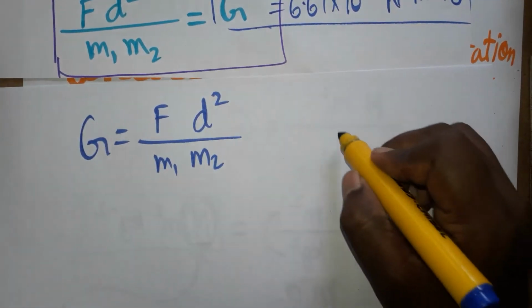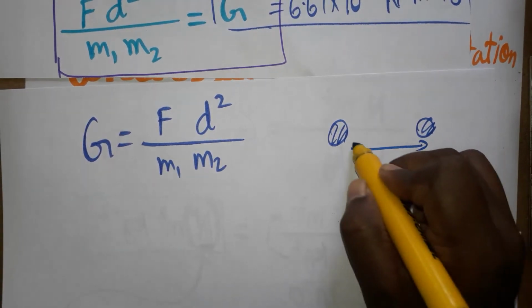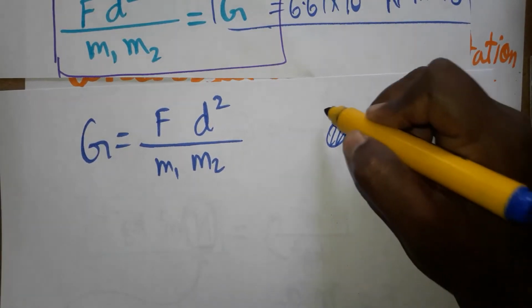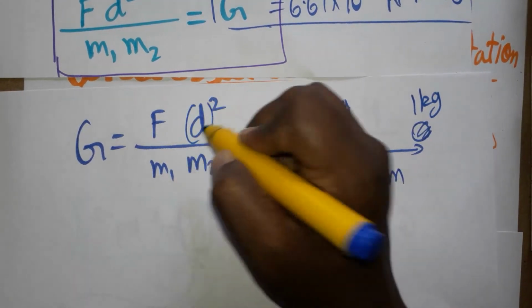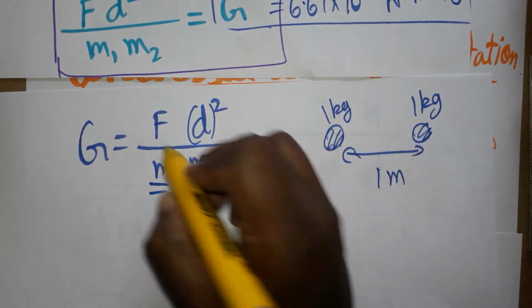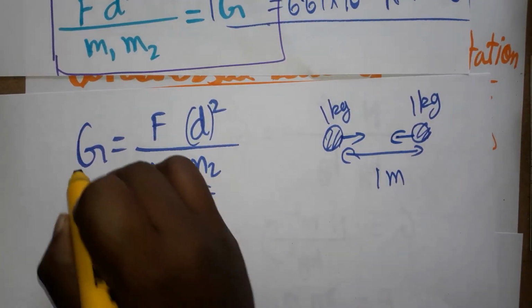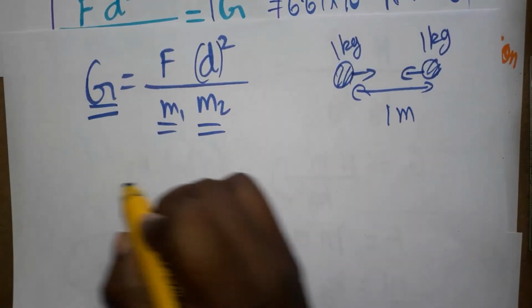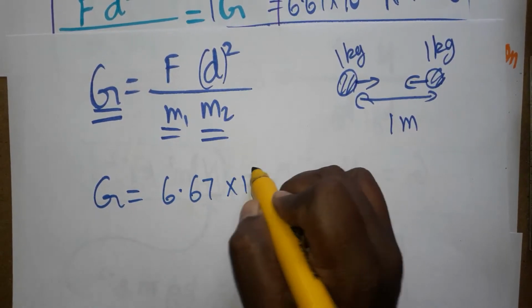Take the distance between any two objects as 1 meter, and each object is 1 kg. What force of attraction is created between these two objects, that we take as capital G. So capital G is equal to 6.67 into 10 power minus 11.